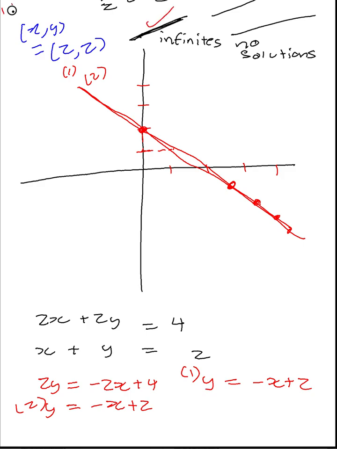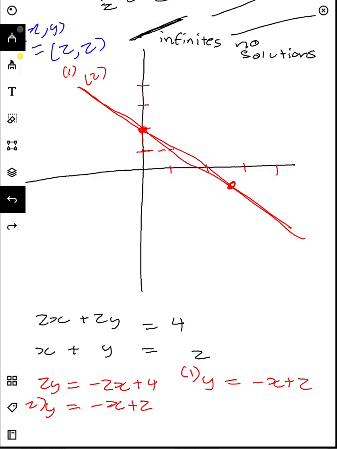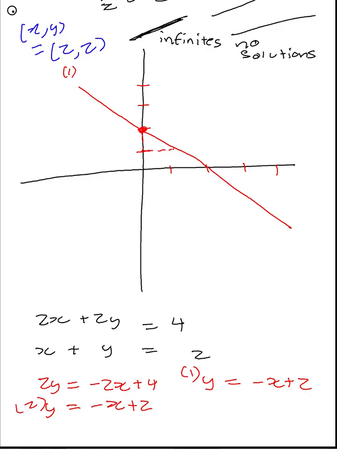Now let's cover the case of zero solutions before we end this video. I'm going to erase most of these lines. I'll leave line 1 there. But let's say instead of x plus y is equal to 2, we'll have x plus y equal to 3. Then line 2 would become y equals minus x plus 3.